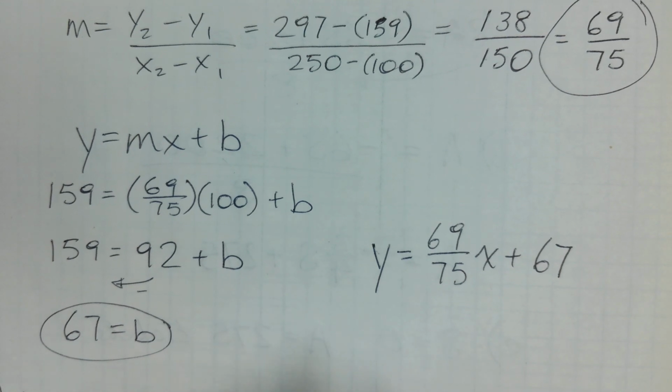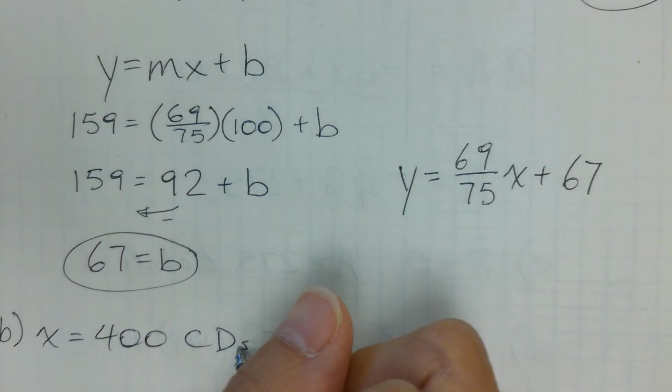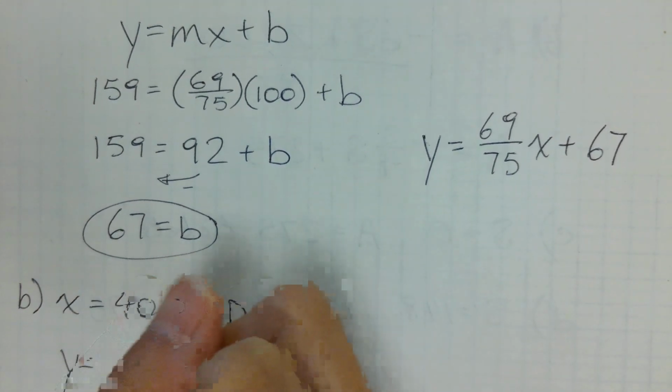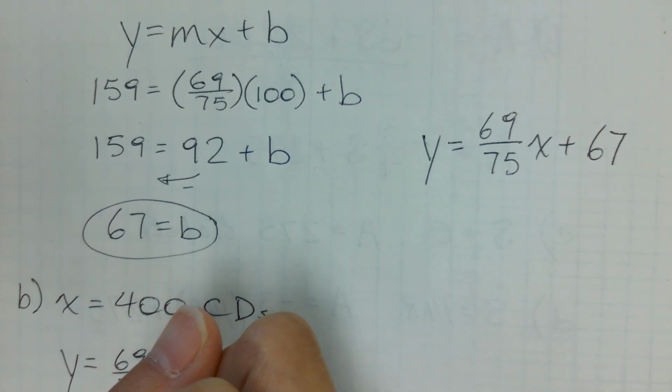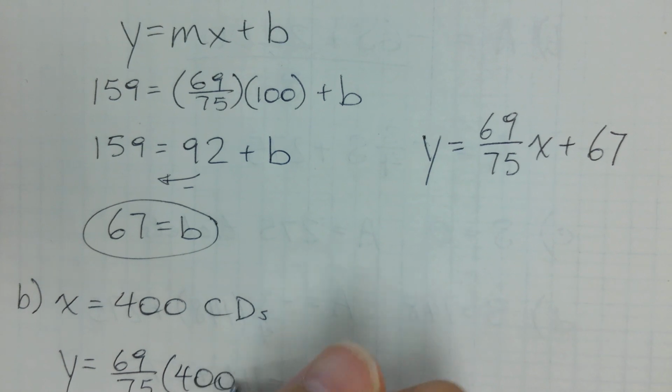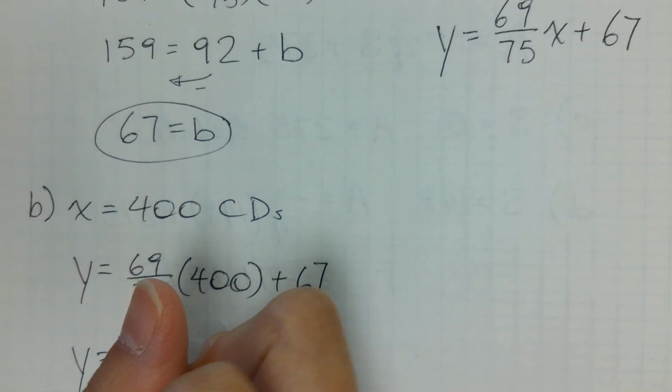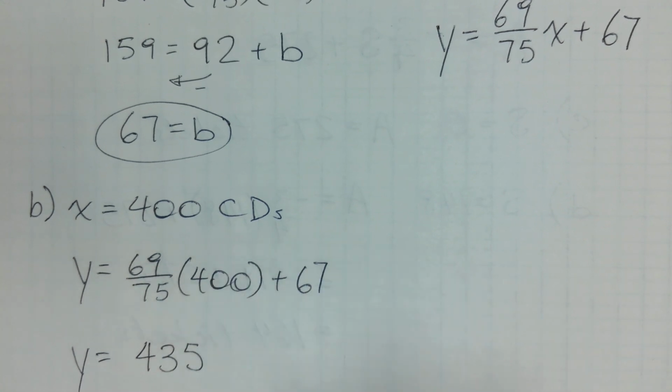So when x is 400 CDs, I'm going to sub it into the equation. y equals 69 over 75 times 400 plus 67. y equals 69 times 400 divided by 75 plus 67. I get 435.